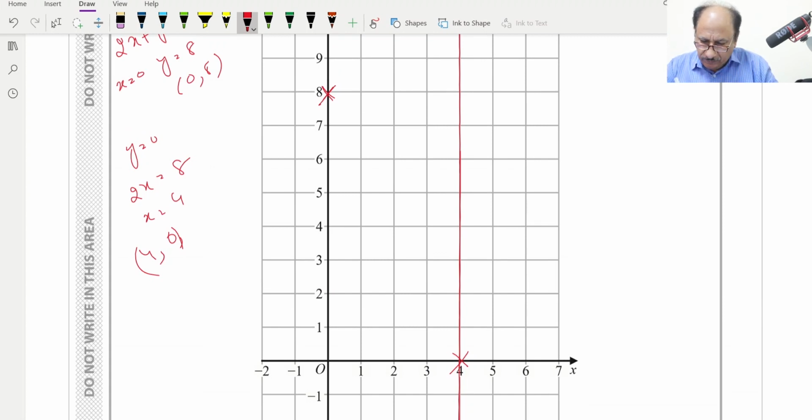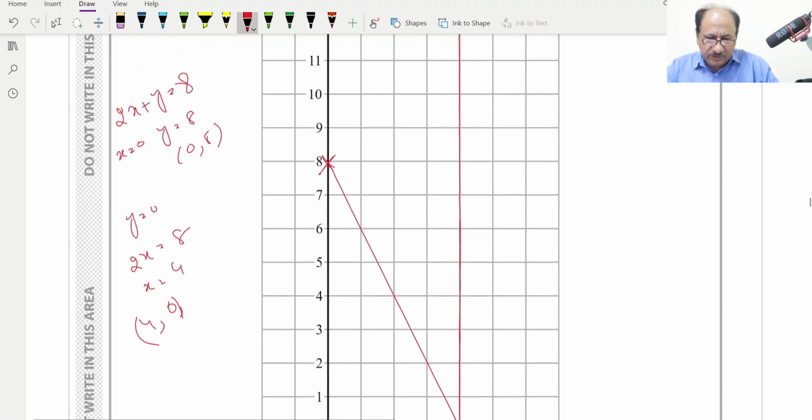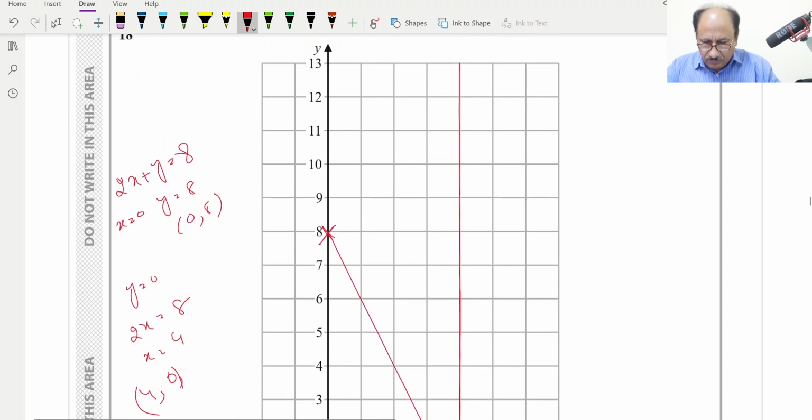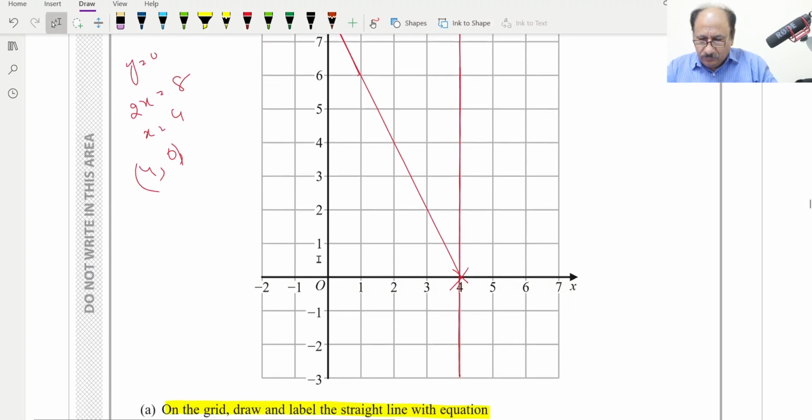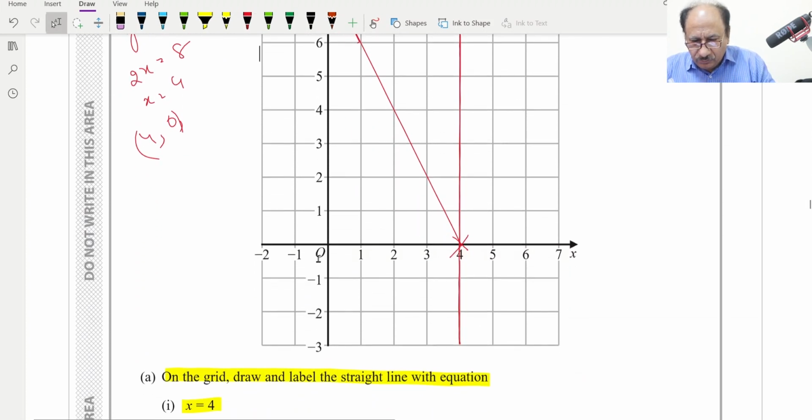I've drawn up to this one, but I will extend this line up to the grid, and this side also I will be extending like this.